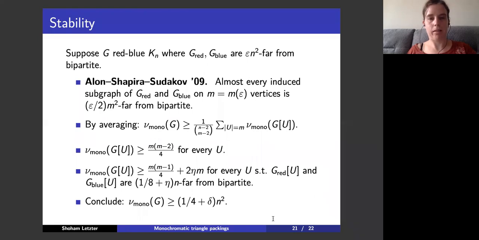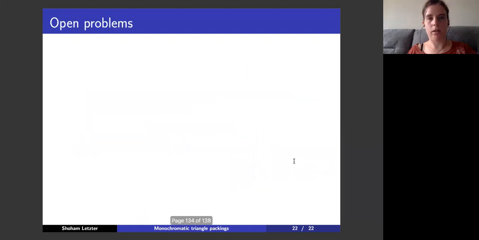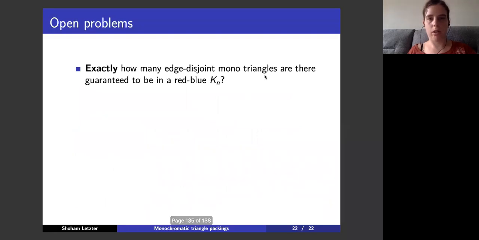disjoint monochromatic triangles. Okay, so this was all I wanted to tell about our results, and now I'll just finish with a few open problems. One obvious thing is what is the exact number of edge-disjoint monochromatic triangles that I'm guaranteed to find in every red-blue K_n?